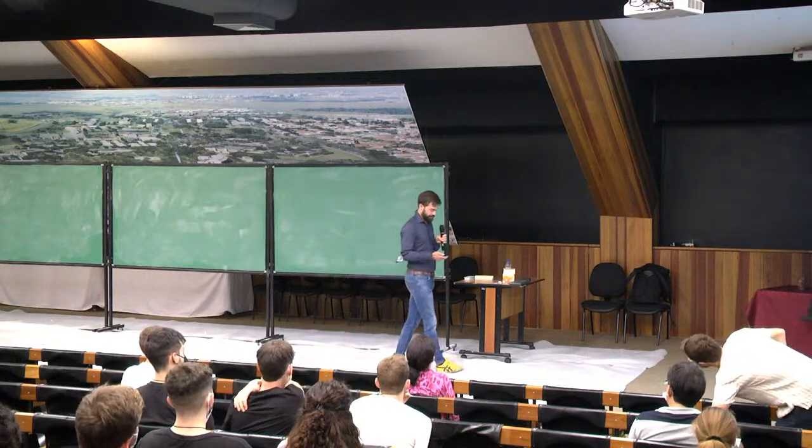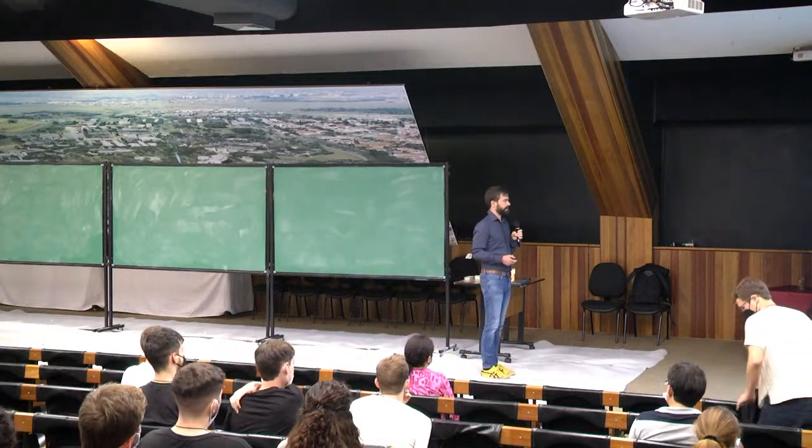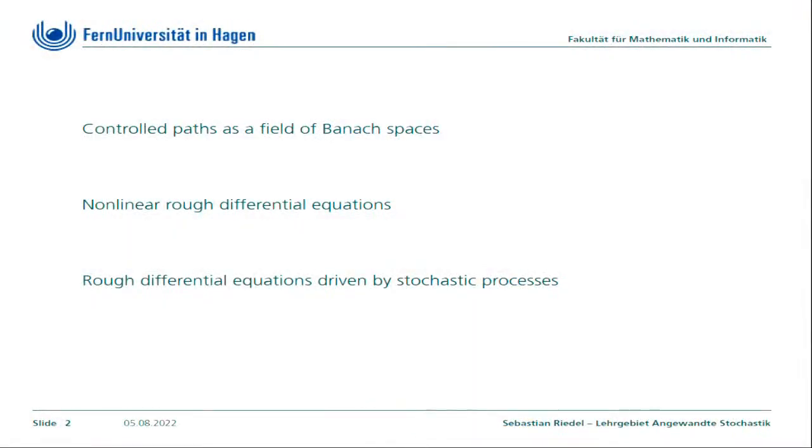This will be the last lecture on rough paths, and I thank you all for coming here again. So we continue with our topic from last time, and these are the three parts I'd like to discuss. First, controlled paths, fields of Banach spaces, which we're still working on. Then we will come to the main result of this small course, the existence of solutions to nonlinear rough differential equations.